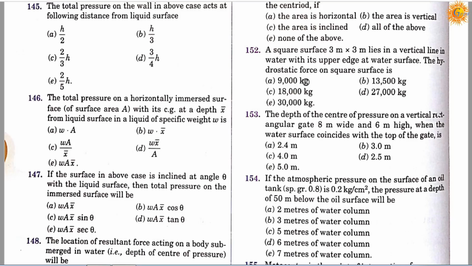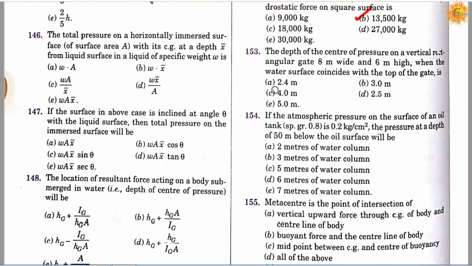The hydrostatic force on the square surface is: option A 9,000 kg, option B 13,500 kg, option C 18,000 kg, option D 27,000 kg, option E 30,000 kg. The correct answer is B, it will be 13,500 kg.